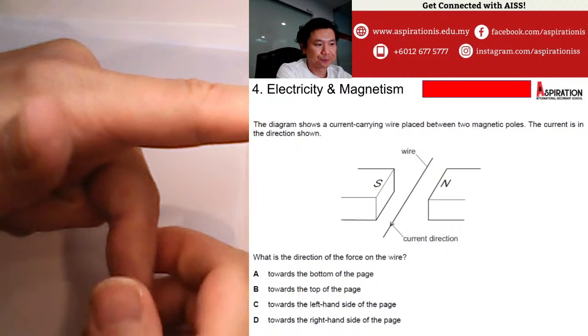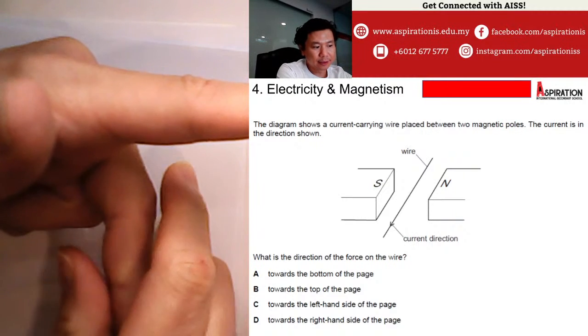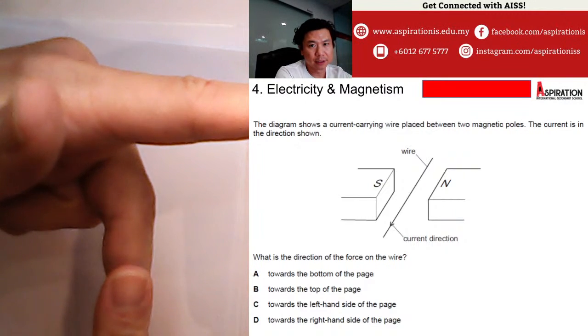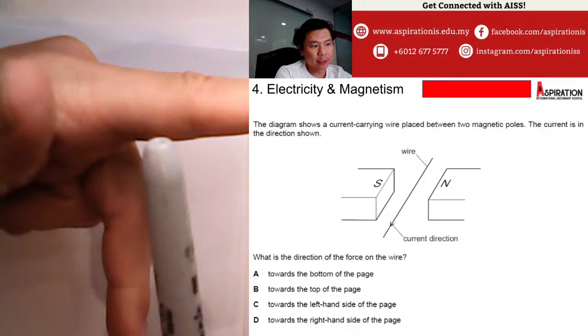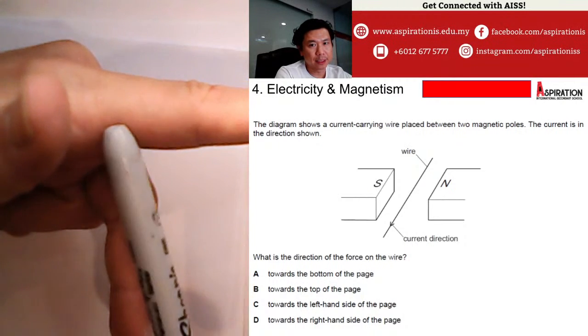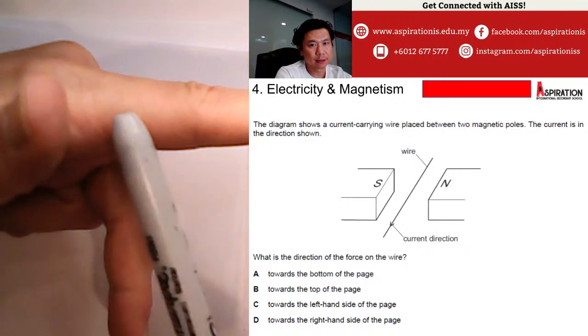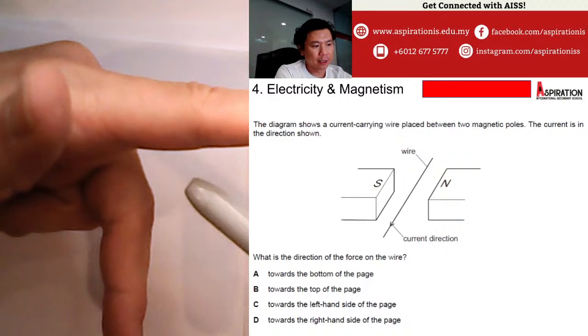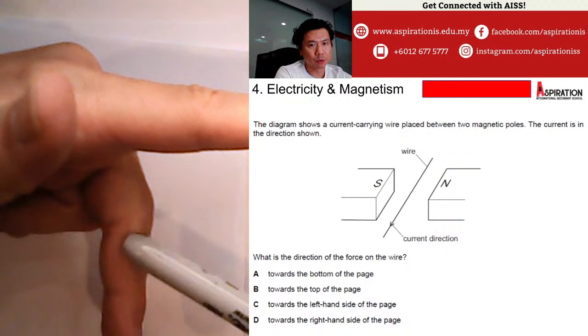But this current is pointing in the right direction. See the index finger, this is north, this is south. It's supposed to be pointing the other way because in the question the south is on our left. But the current is pointing in the same direction as the question.